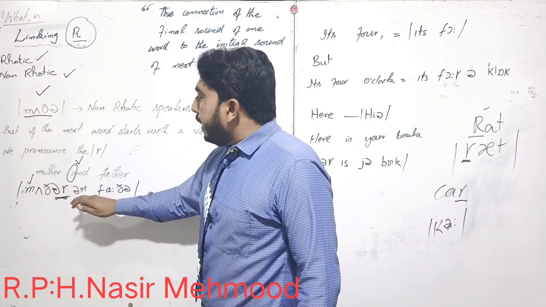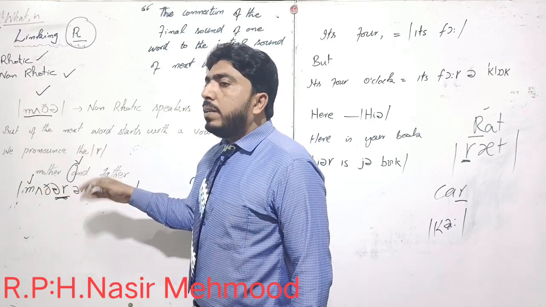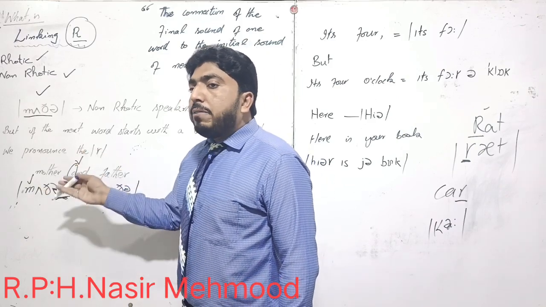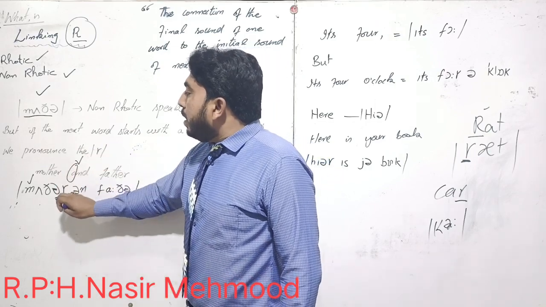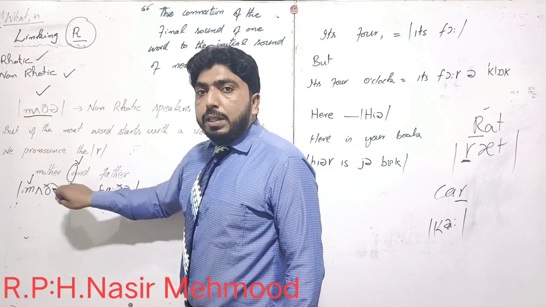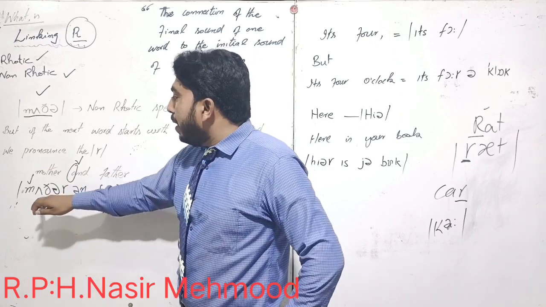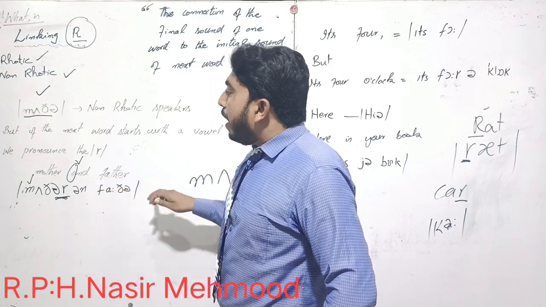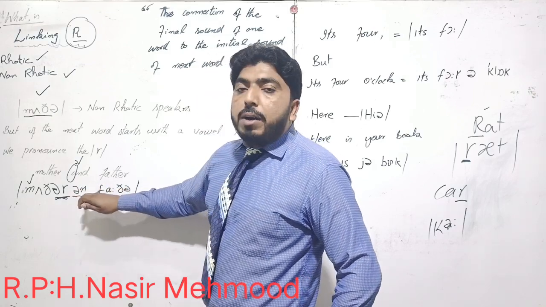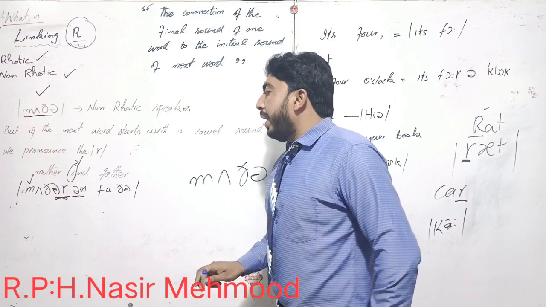But when it is connected with the next word, and that word must start with a vowel sound, then the linking R will appear between these two sounds. So it would become mother and father. This is the weak form of and.